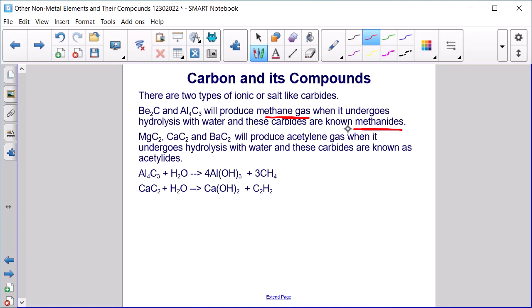Magnesium carbide, calcium carbide, and barium carbide will produce acetylene gas when they undergo hydrolysis with water, and these carbides are known as acetylides. So in the first one, here's the aluminum carbide, which will produce methane gas, CH4, and then the calcium carbide, when undergoing hydrolysis, produces acetylene.